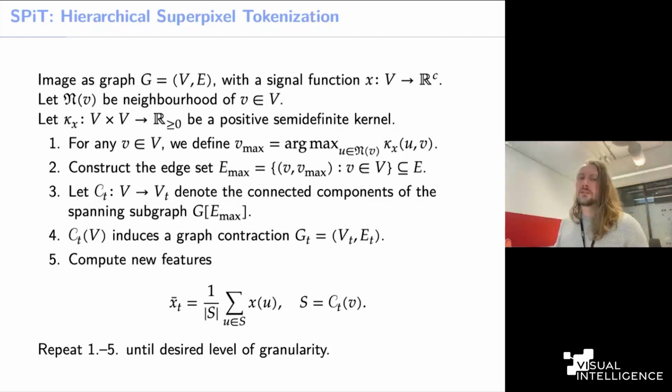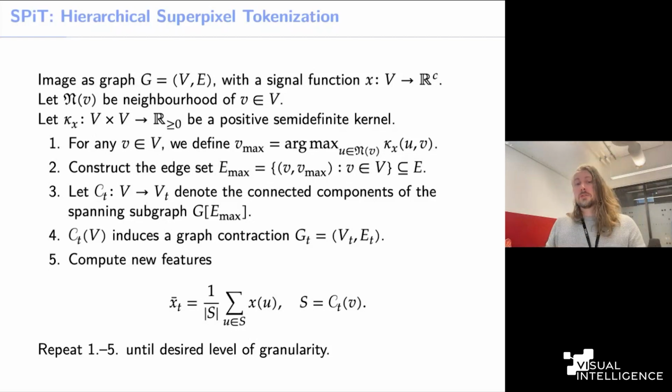Then we construct an edge set using these most similar vertices, and then we take the connected components of the spanning subgraph under this edge set of maximally similar edges, and this induces a graph contraction. So we get the next level of a graph where all vertices that are similar under the connected components are joined into a new vertex in the next graph, and the edges are updated accordingly.